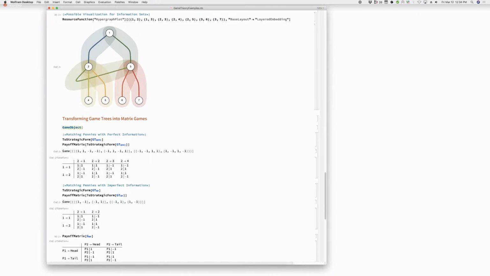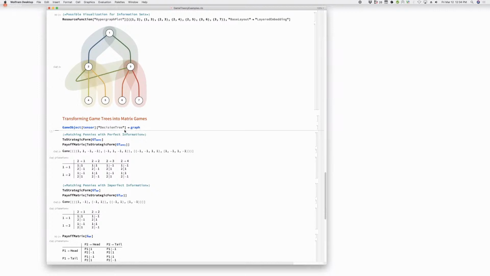But look, the way this is going to work presumably is you type in game object and you either give a tensor here, in which case you could say decision tree or decision graph or whatever you want to call it, and that returns a graph, and that's your way of doing the transformation.